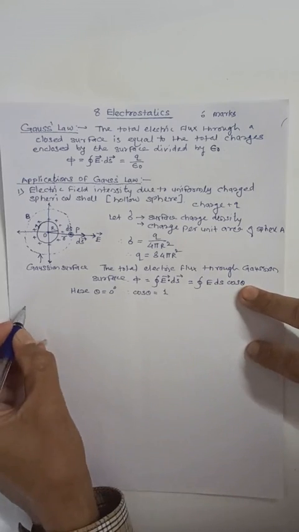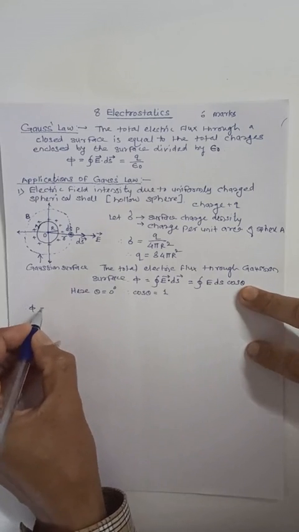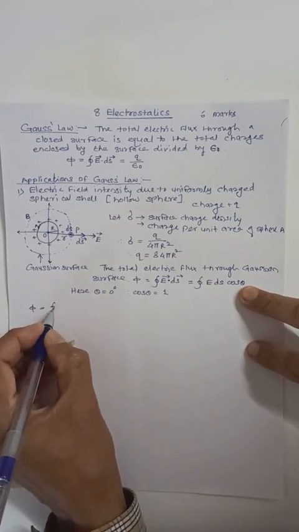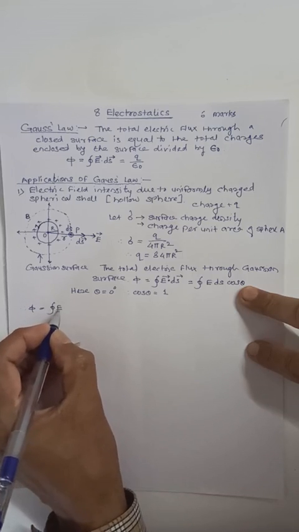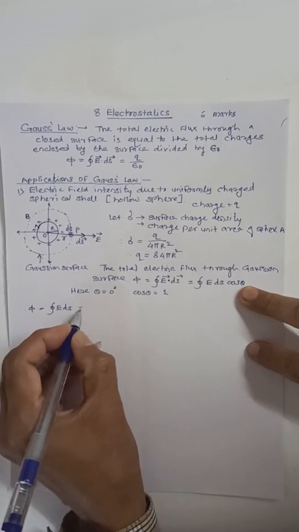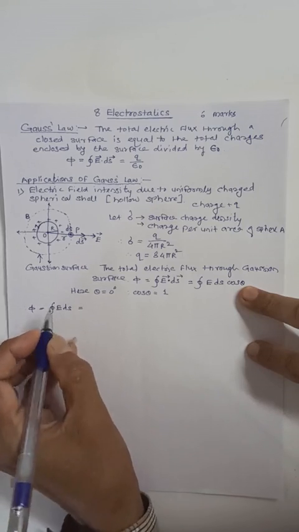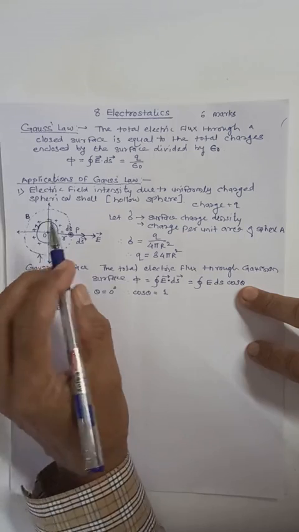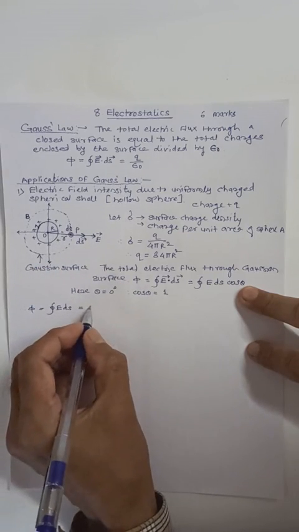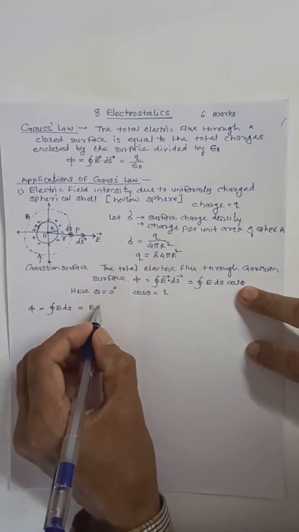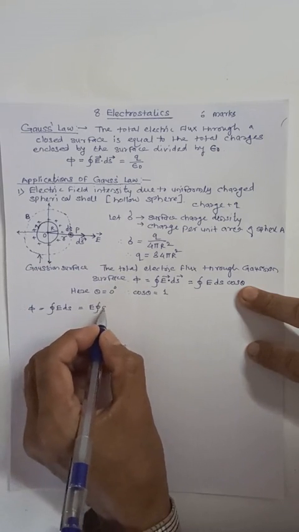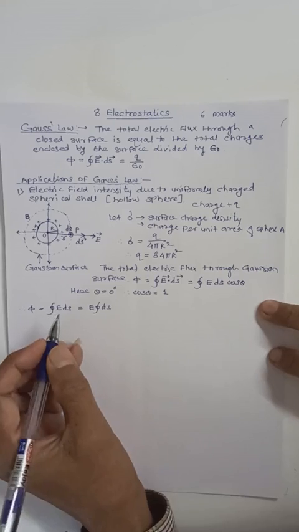So this equation becomes phi is equal to closed integration of E into ds, but electric intensity at point P due to the charge Q is constant. So E closed integration of ds.